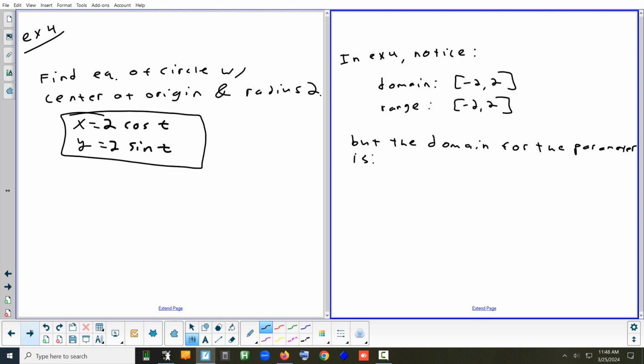When we did this circle problem, in order to see the whole circle on the screen, you've got to have your x min and max go from -2 to 2. But what did the parameter have to go from to get one full circle without tracing over itself? 0 to 2 pi.